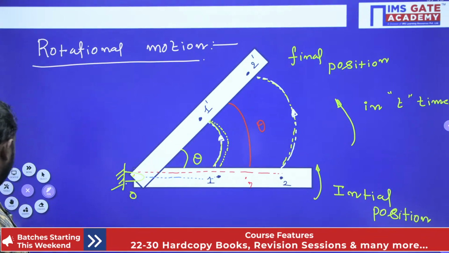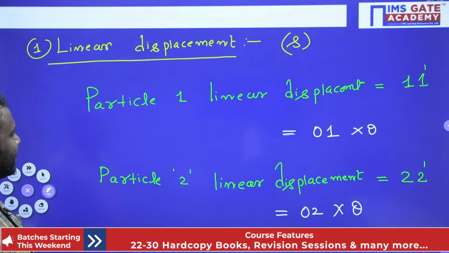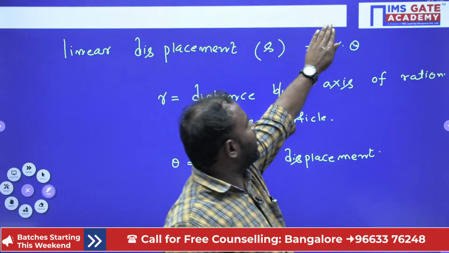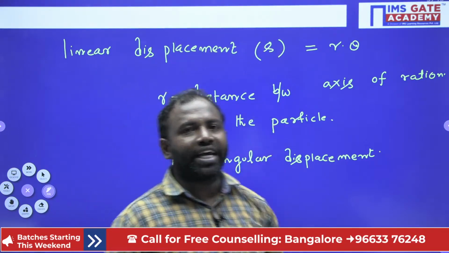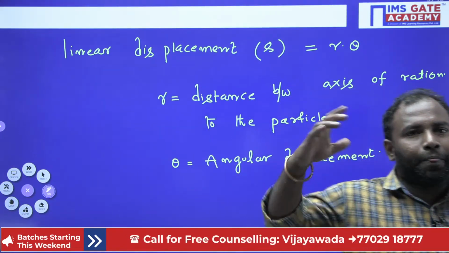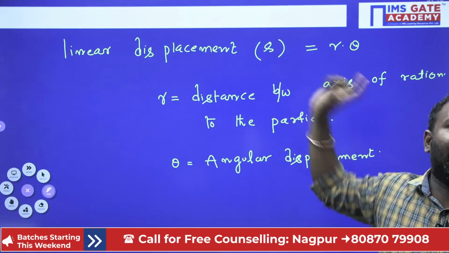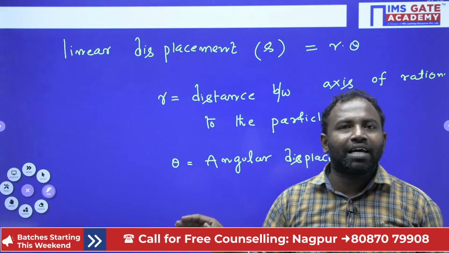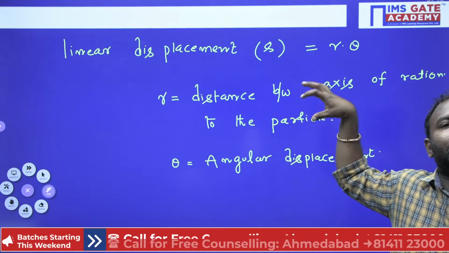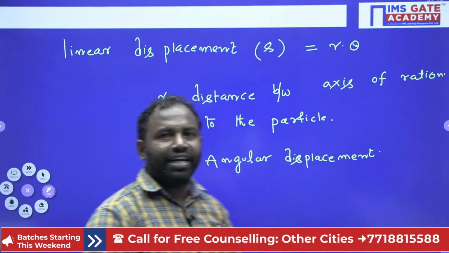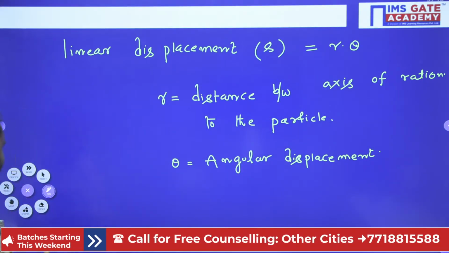Theta remains the same for every particle, and R is going to change, so if you want to calculate linear displacement, then you need to multiply your angular displacement with R. Now what is R? It is the distance from the center of rotation to the particle or body. I hope everybody understands. Linear displacement can be calculated like this, right?